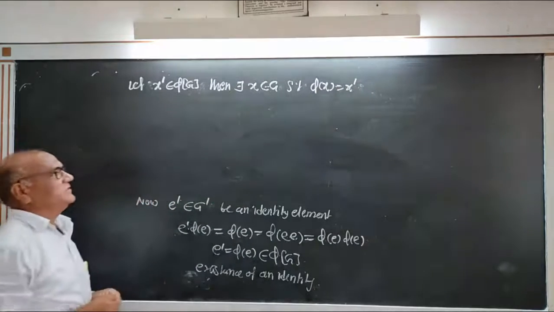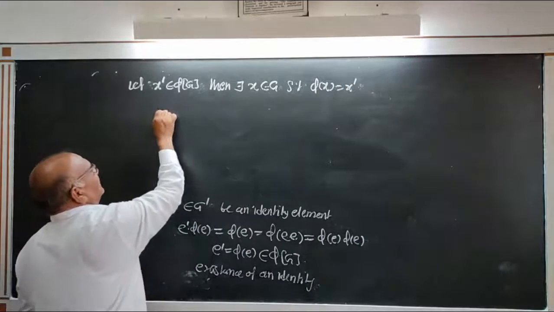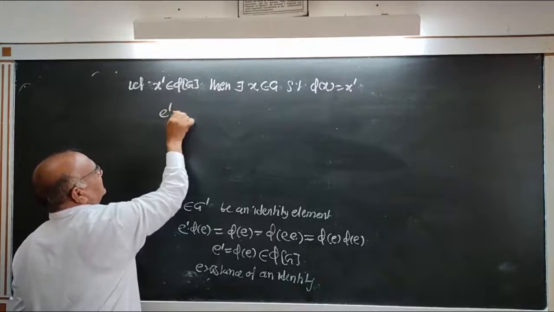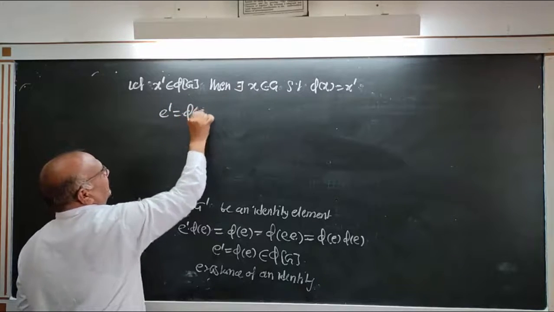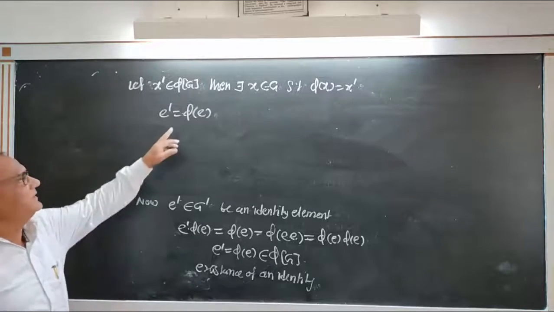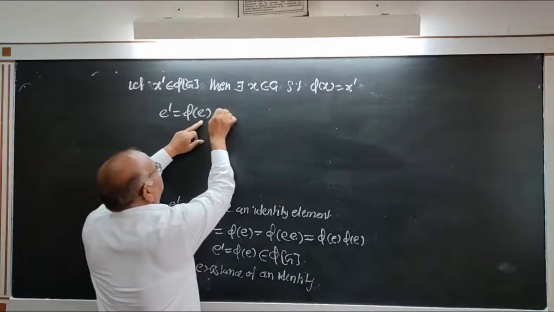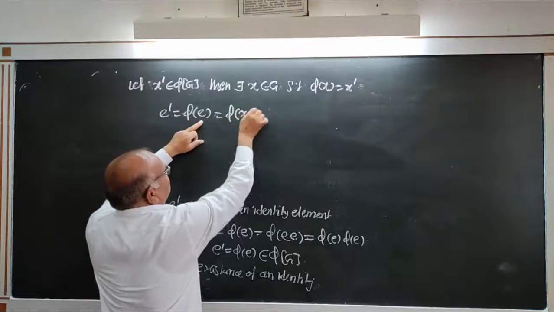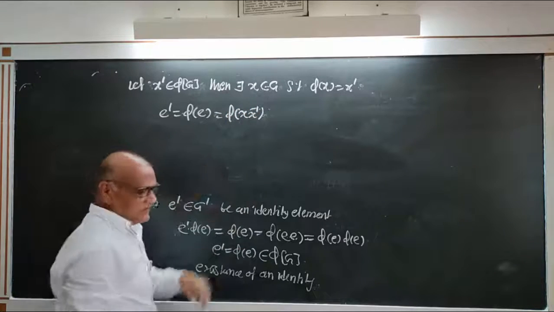Now E dash is equal to phi of E, and E can be written as x into x inverse.